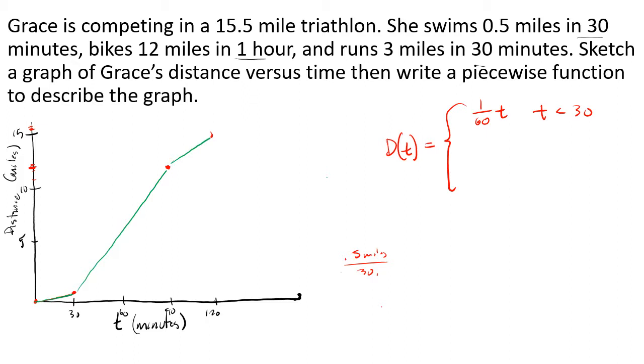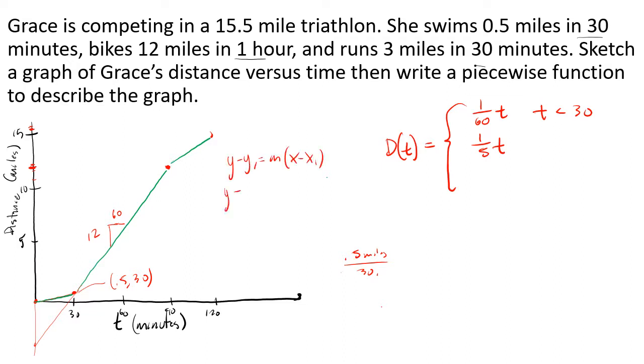Okay, then what's next? Well, now she's got this. What's the rise over run of this? So she did 12 miles and she did it in 60 minutes, right? So 1/5, that's the rise over the run, the 12 over 60. 1/5 t, but then where would that cross the y-axis to get the y equals mx plus b? How about this? I don't care. What's this point? This is 0.5, 30, right? All right, so remember what the equation of a line is, y minus y1 equals m times x minus x1.